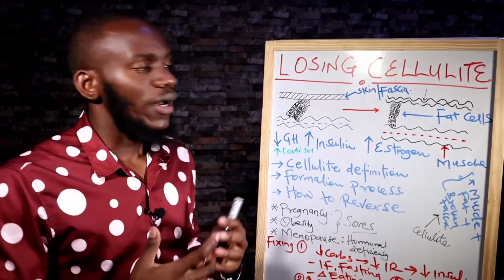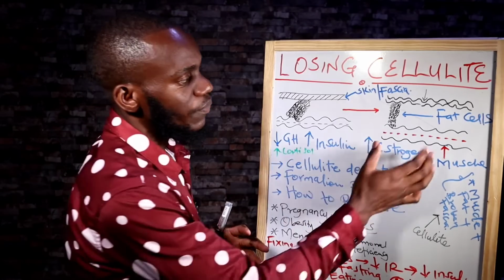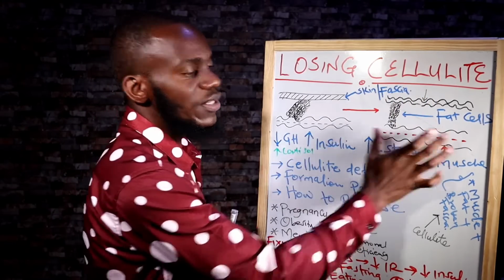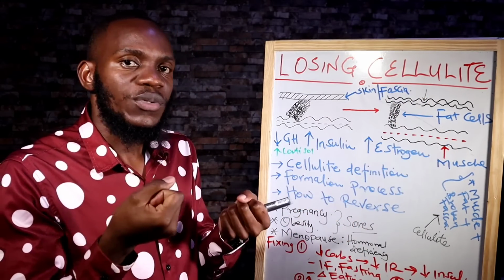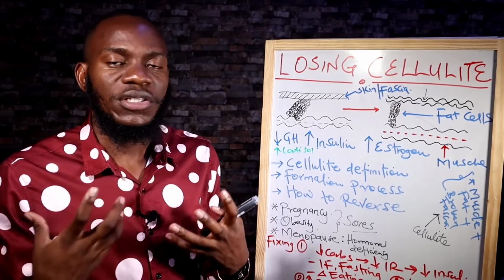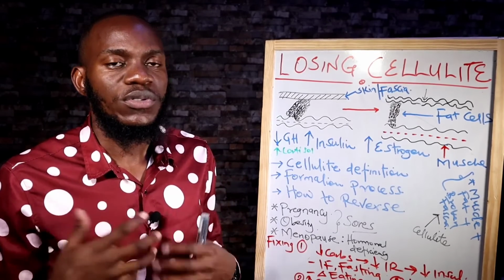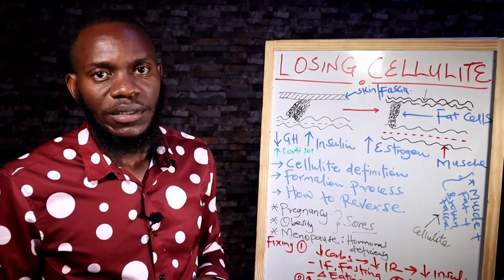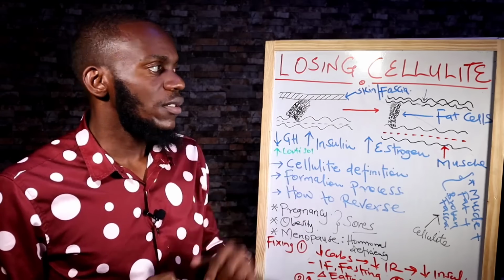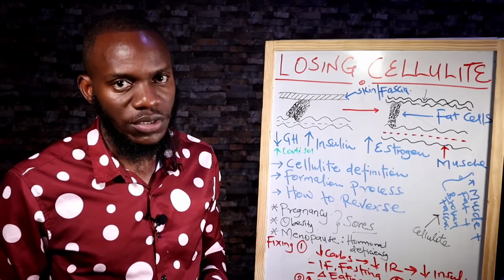Now after it has popped out, the muscle cells hold it outside, making it look jiggly, and that's why it doesn't look good. It looks a little ugly, and hence the reason why we want to help you lose it.